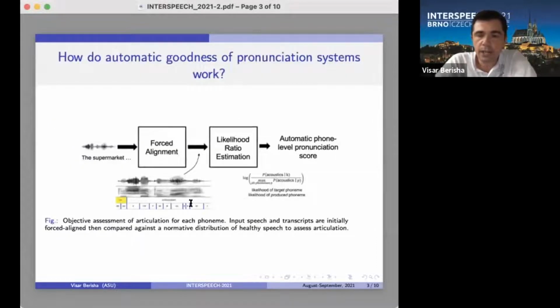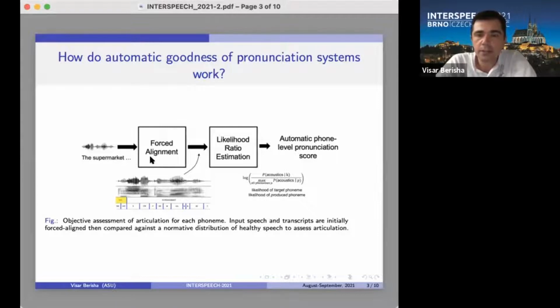Here is a very high level overview of how automatic goodness of pronunciation systems work. We can split them up into two parts. The input to the system is a spoken utterance and a target. So a participant will read a target sentence, for example. In this case, it's just the short phrase, the supermarket.